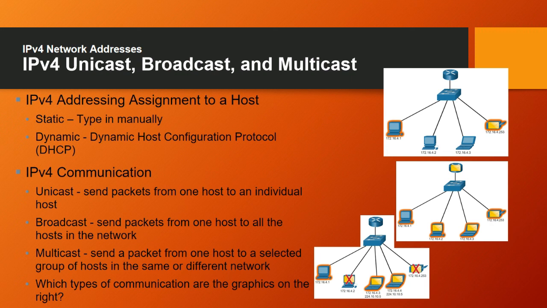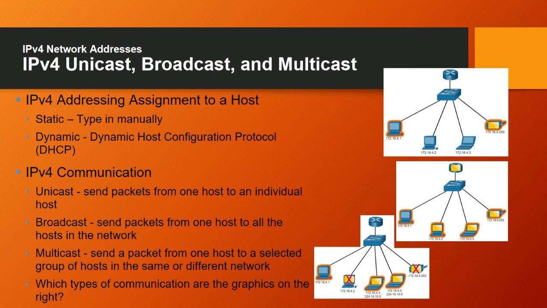For IPv4 communication, there is unicast, which sends packets from one host to an individual host. Broadcast sends packets from one host to all the hosts in the network. Multicast sends a packet from one host to a selected group of hosts in the same or different network.